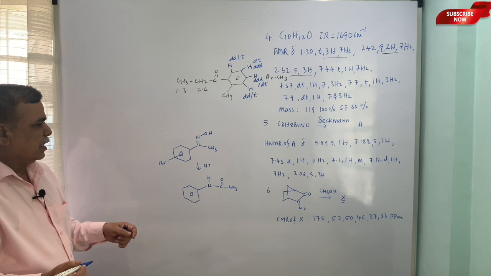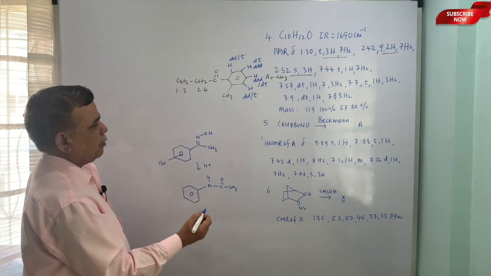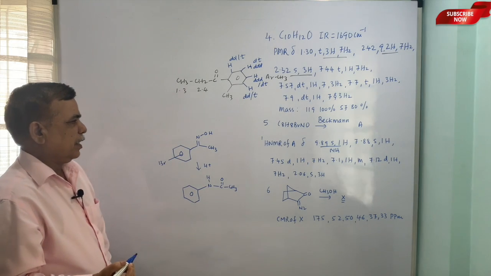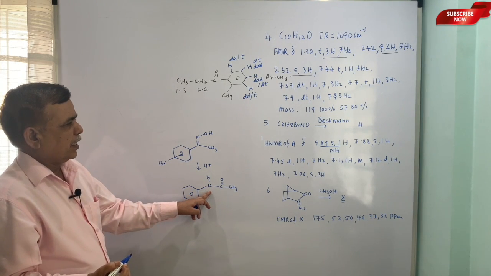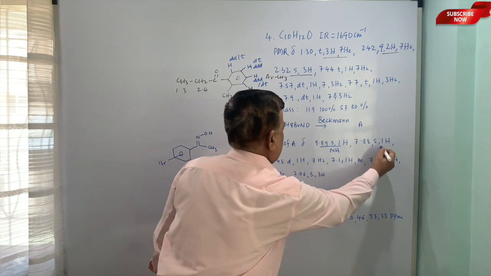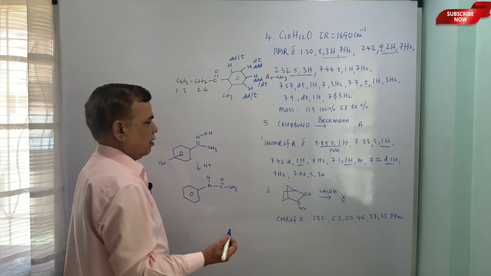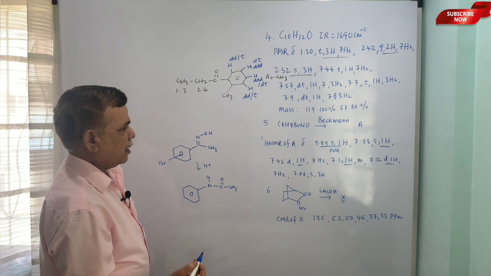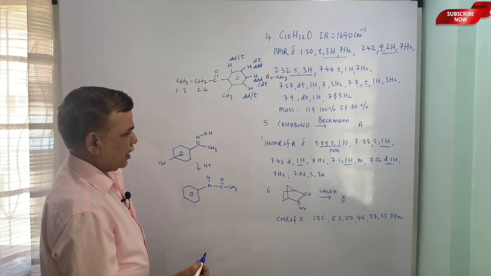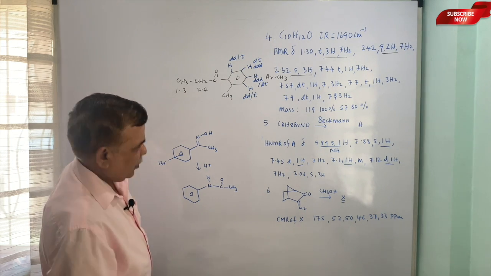We have already seen the mechanism, so there is no point in investing time in that. And then bromine one can check with the NMR which is given over here. This 9.89 looks like NH, 7.88 singlet, this 1 proton, 1 proton, 1 proton, 1 proton. So, 4 protons are seen, and if you see the pattern, singlet is there, that means it is not having any connection, it is an isolated one.